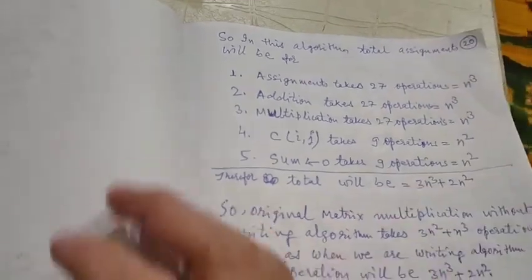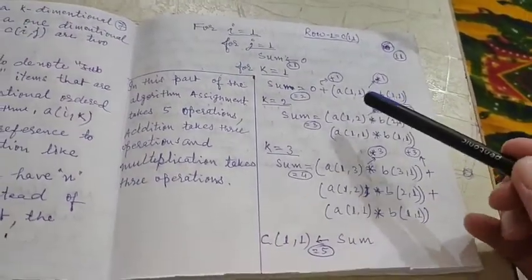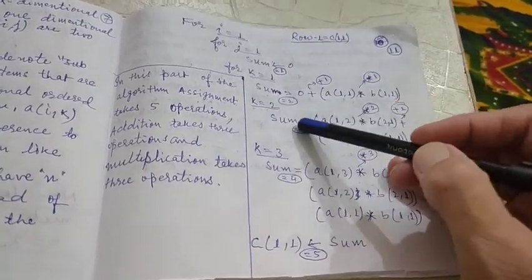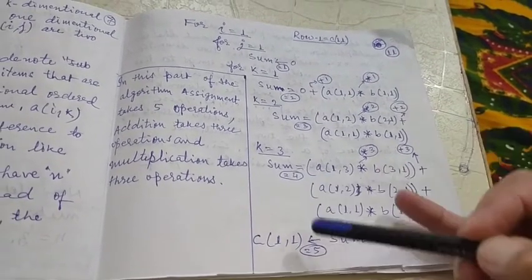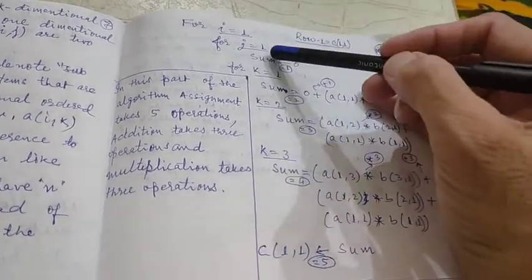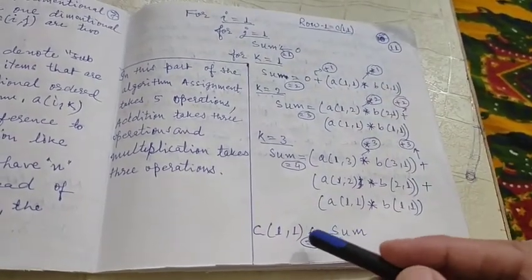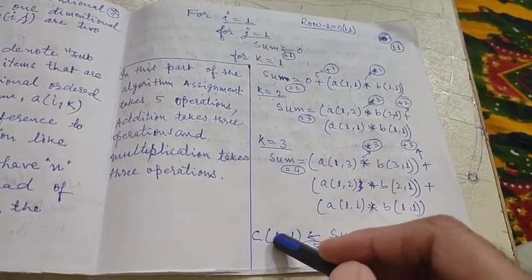Now let us observe again this part of the algorithm. We have 3 operations in this assignment: 2, 1 for initialization and 1 for sum to be transferred to C11.